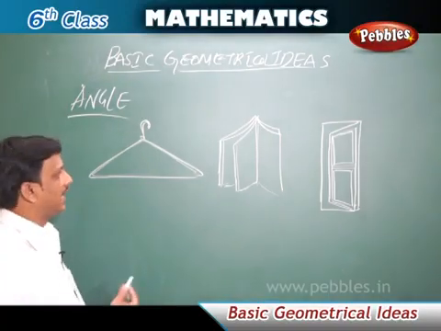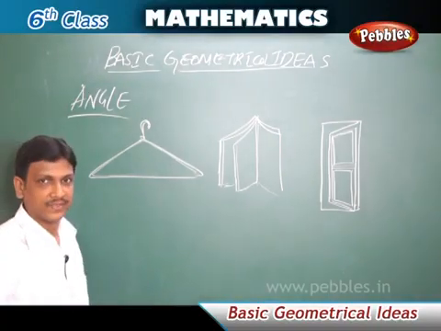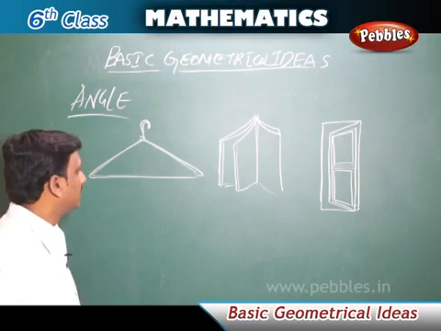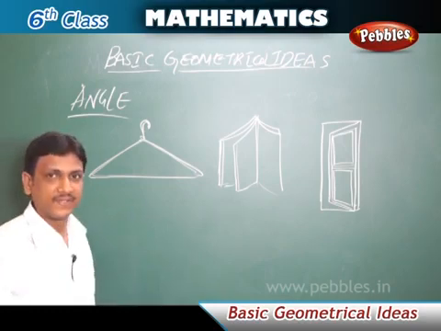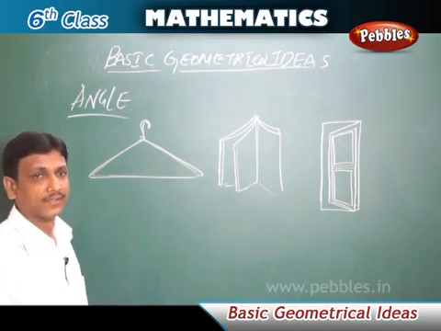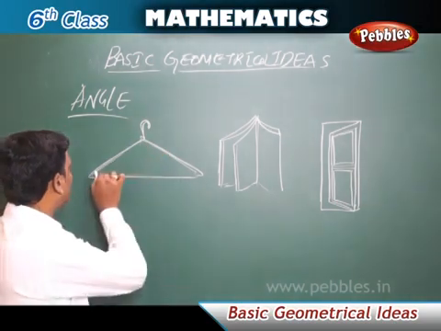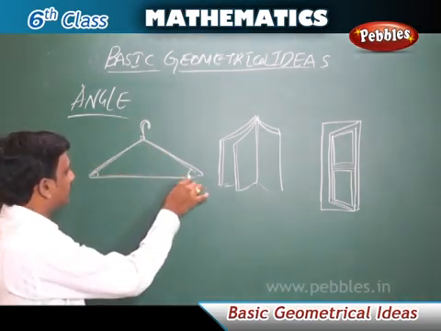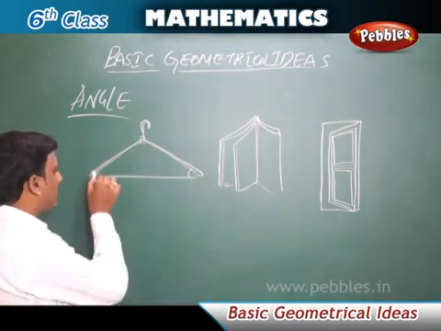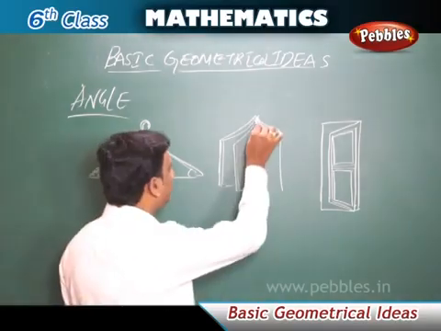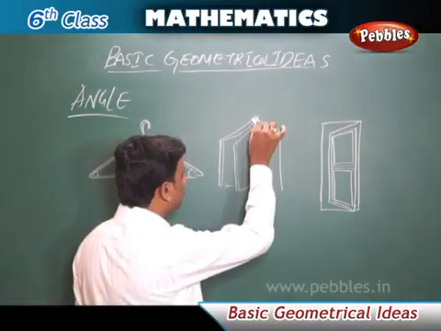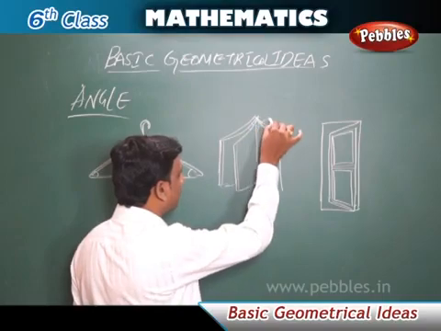Angle. Angles are generally formed where corners are formed. In our day-to-day life, we see different things where we find some corner. See here, a hanger, it has got some corners. Here we find some angle. Even in between the pages of a book also we find the corners, and there we find angle.